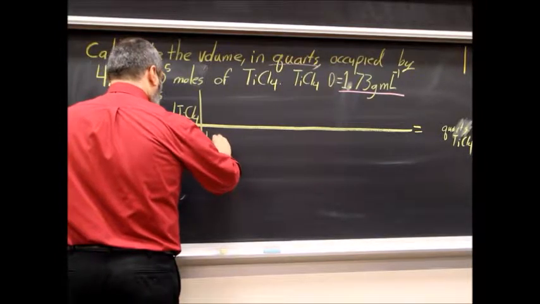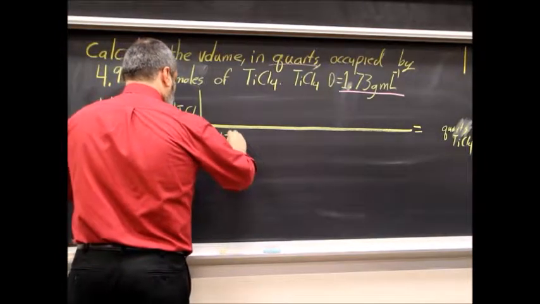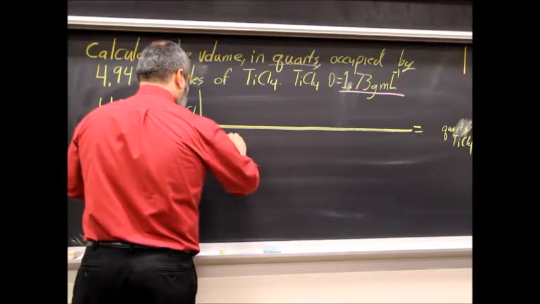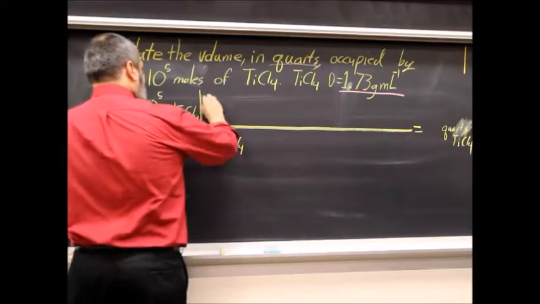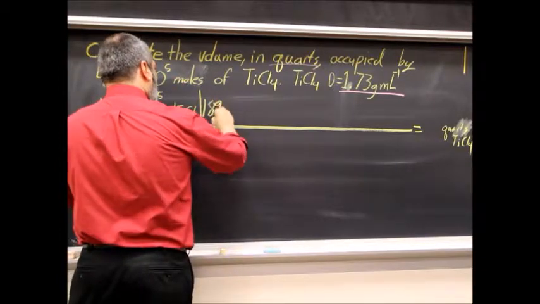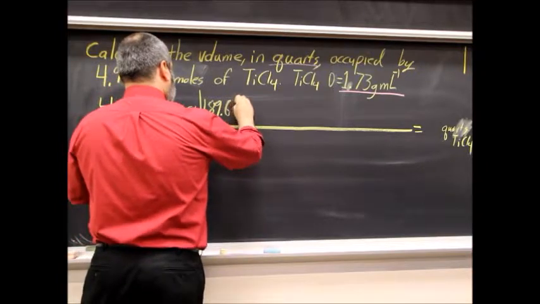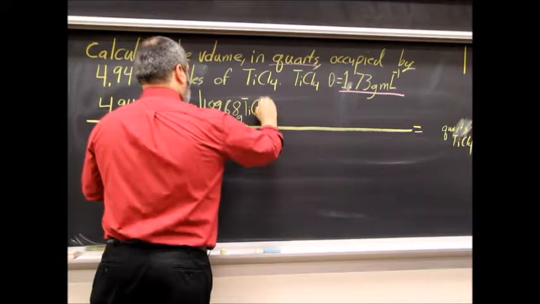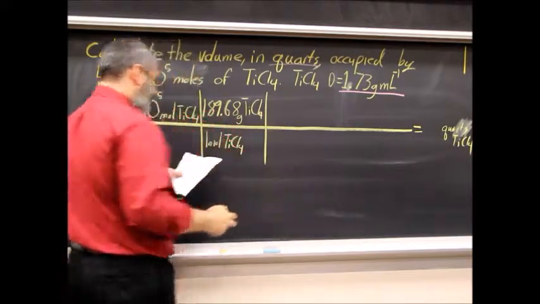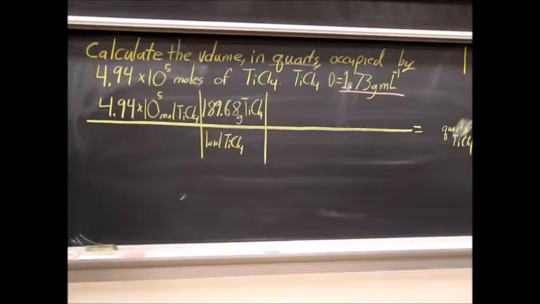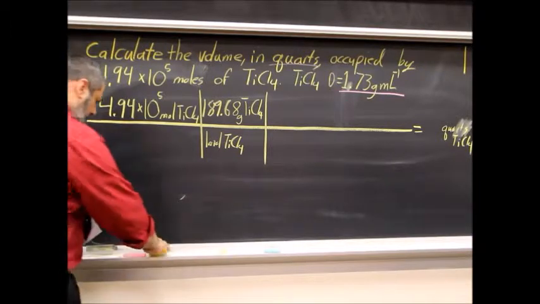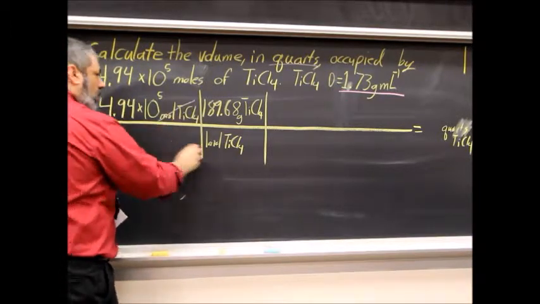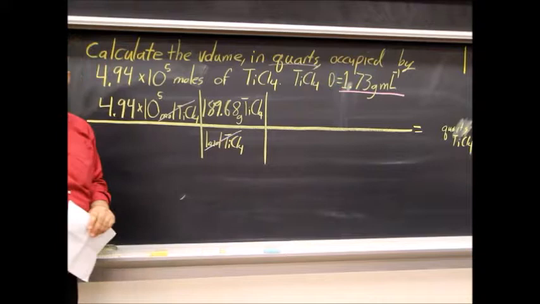So 1 mole of titanium tetrachloride is 189.68 grams of titanium tetrachloride. Okay? Moles cancel. Now we're in grams.